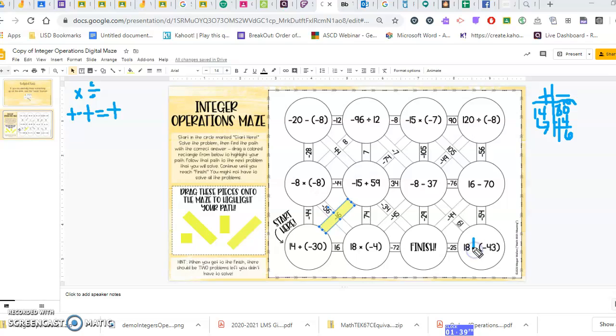So you change that to a plus and change this to a plus. And then we would just add them together, okay? Same thing right here. These two negatives will become a plus. Now this may or may not be one that you get to, but if you did get to that one, that would become a plus, okay?